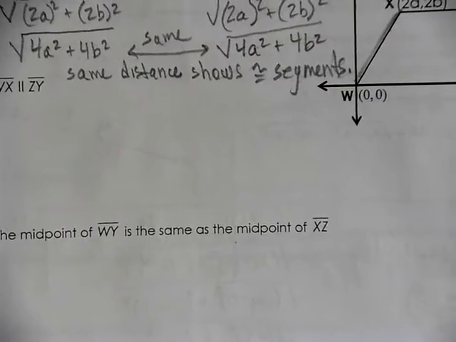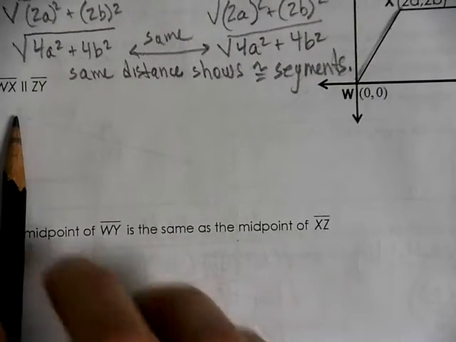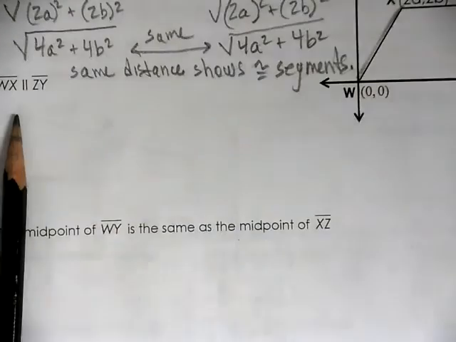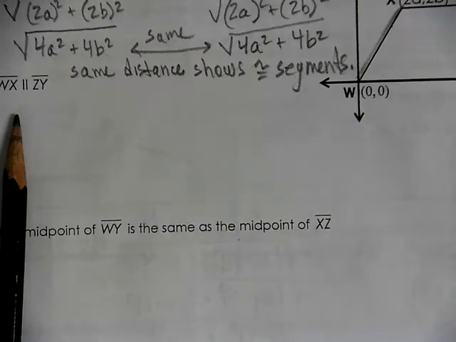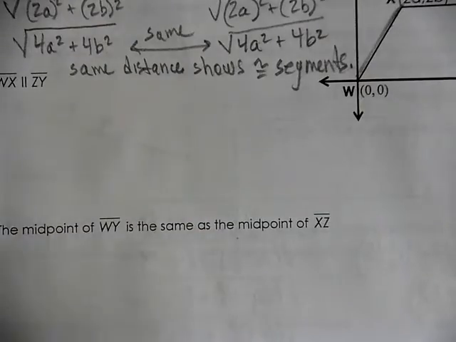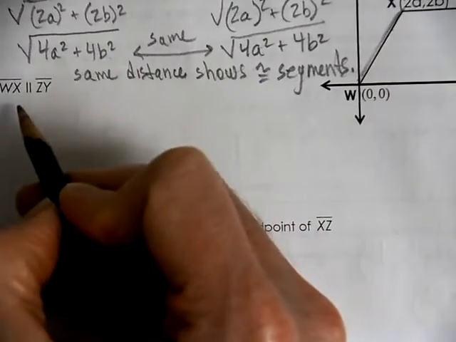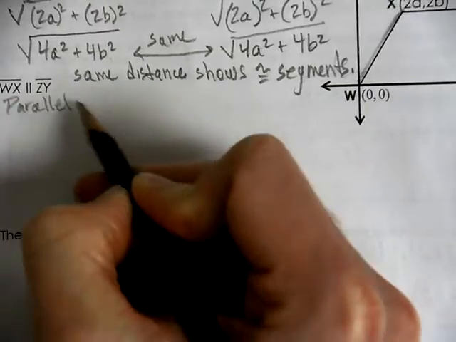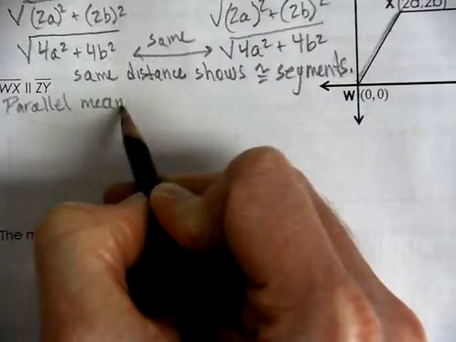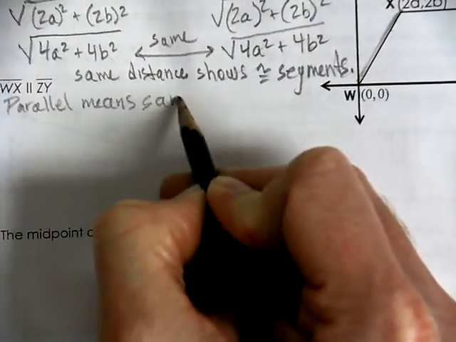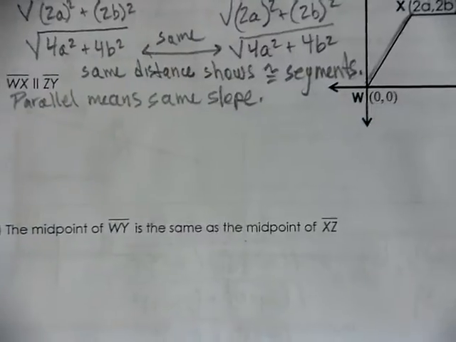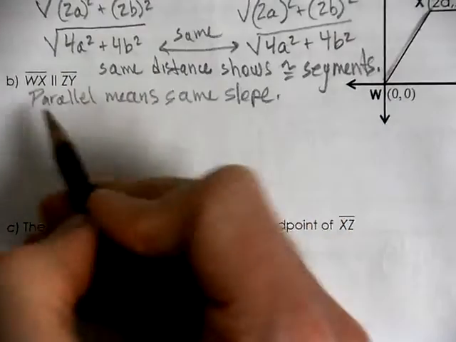Now we've got to think about this. What does it mean to be parallel? To be parallel, we have to have the same slope. Okay, parallel means same slope.